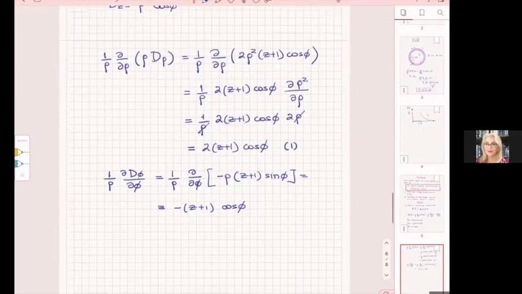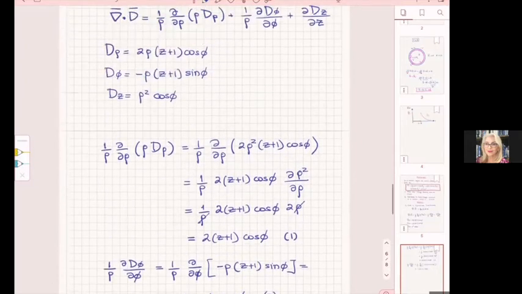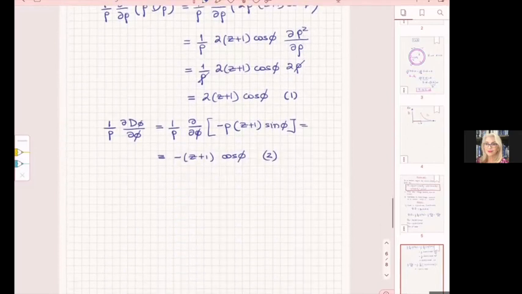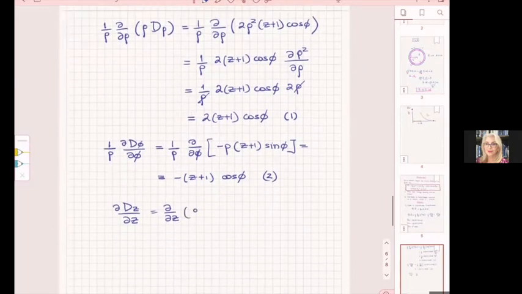Let's call that 2. And 3 is the partial of D z with respect to z, which is rho squared cosine phi over rho squared, cosine phi, which is 0.